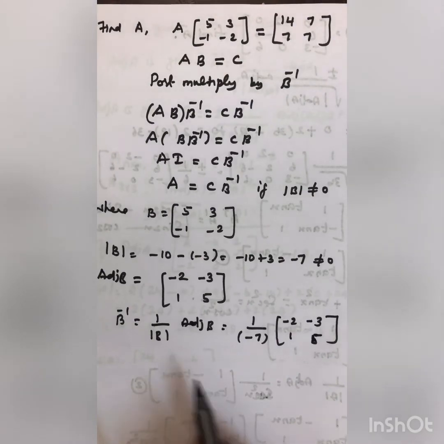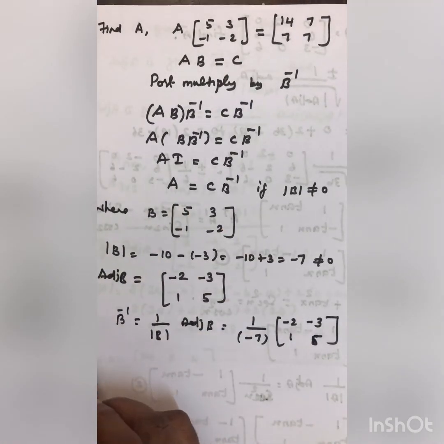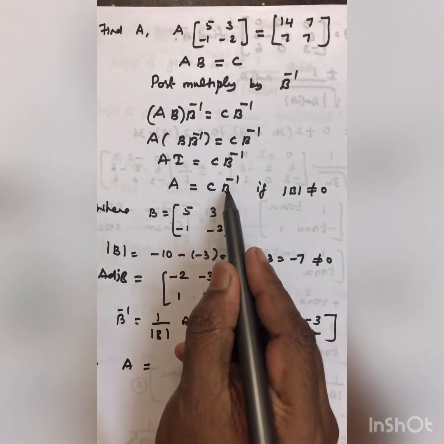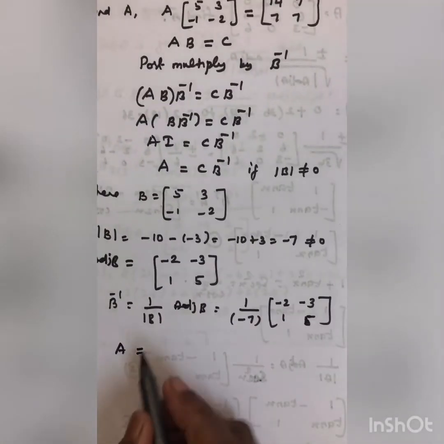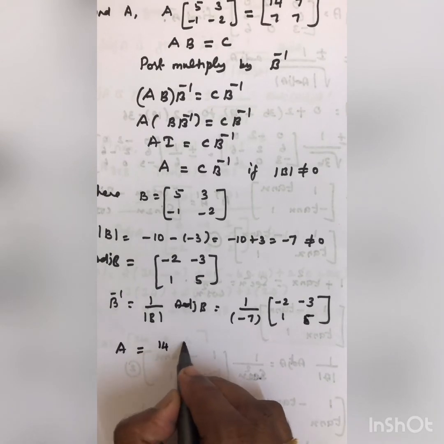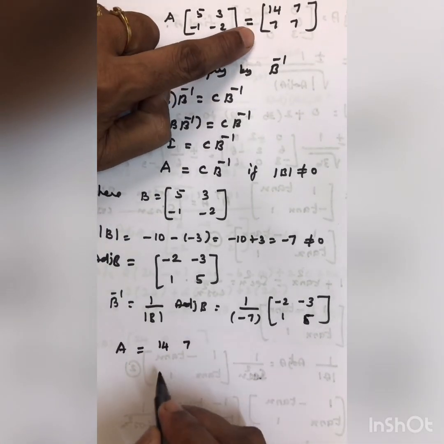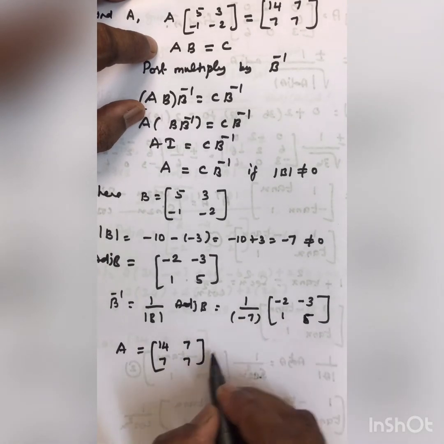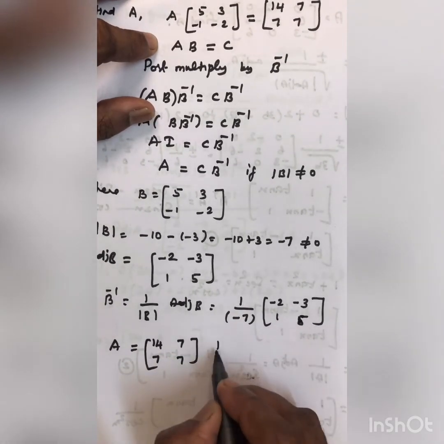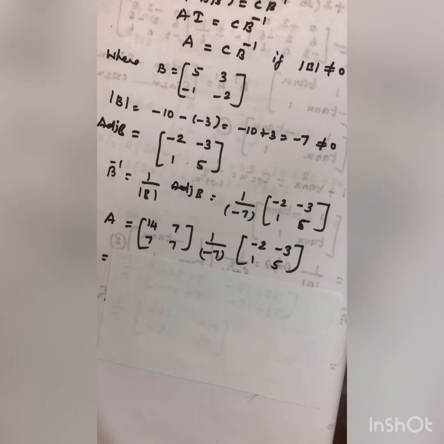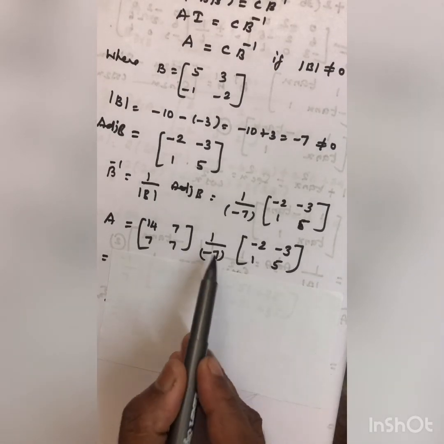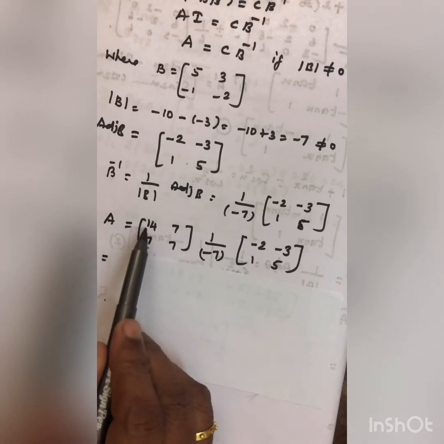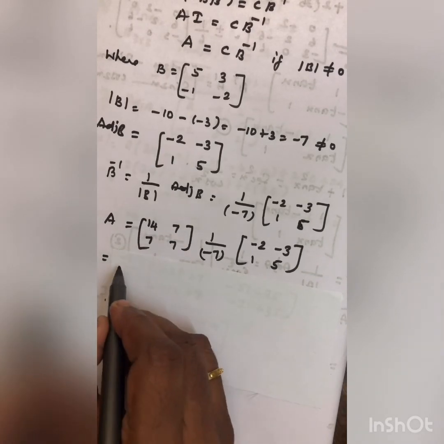Okay. Now, therefore, A matrix is equal to C matrix into B inverse matrix. So what is C matrix? We have taken already. C is equal to the original matrix 14, 7, 7, 7. Okay. Then 1 by minus 7. Now we can divide by minus 7. 14 by minus 7.